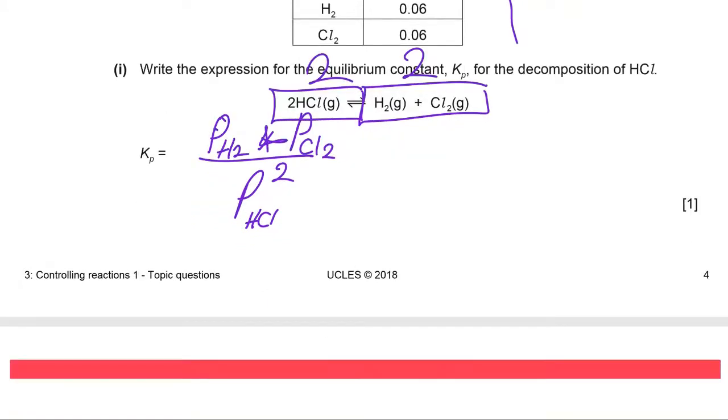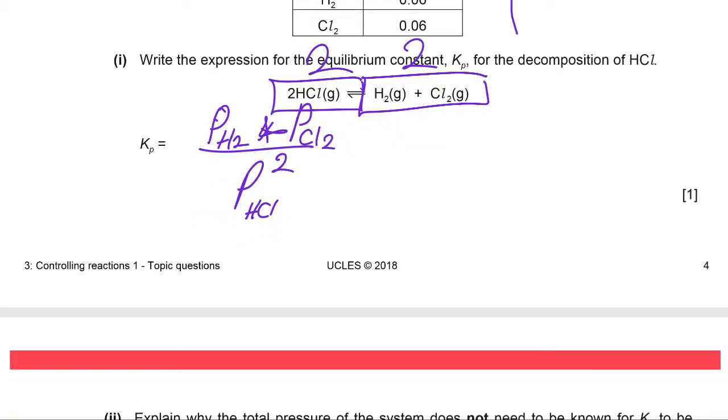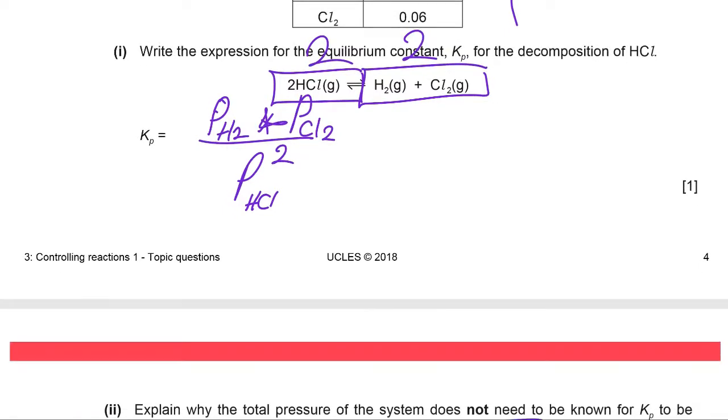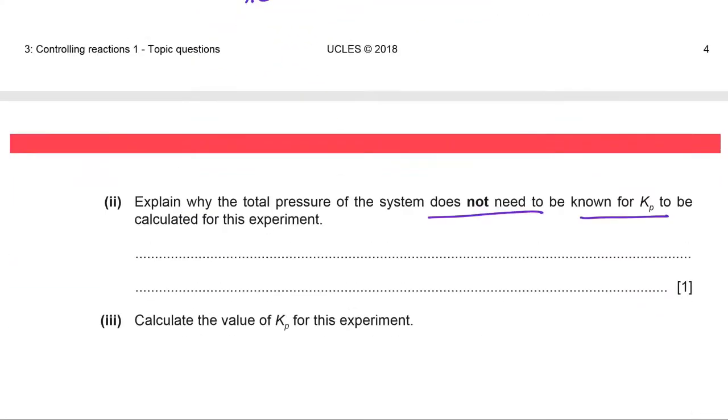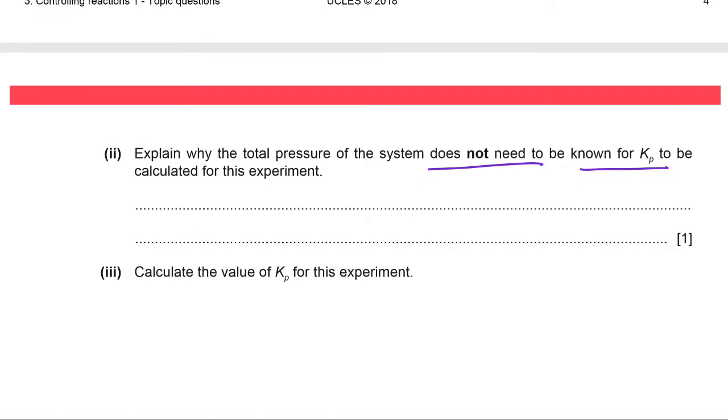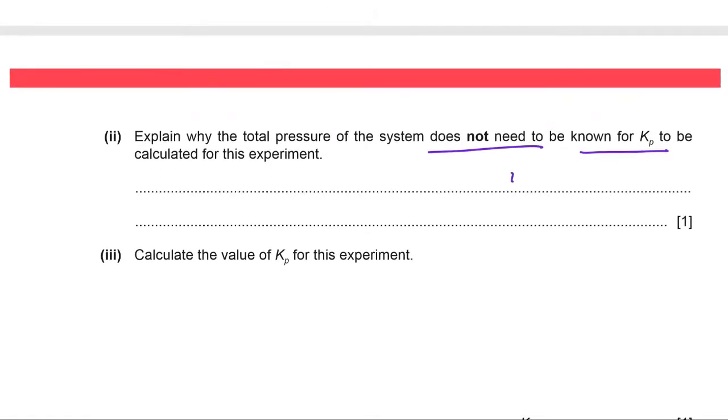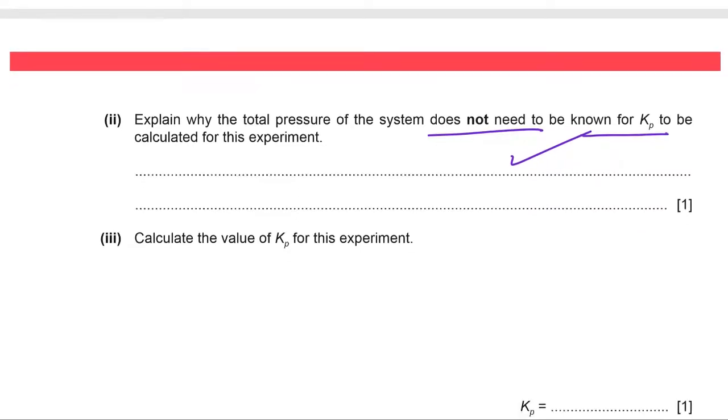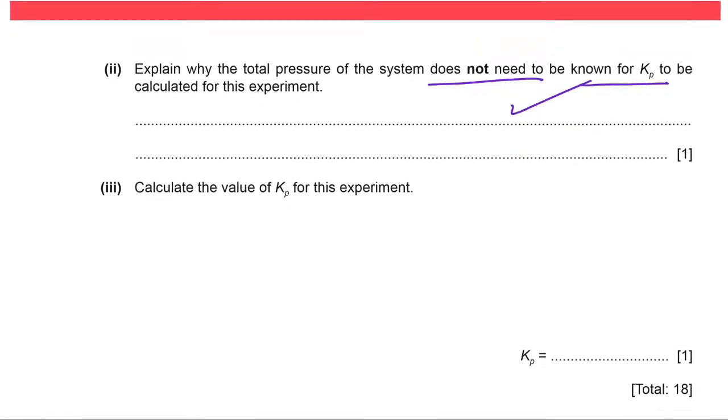So here you will deal with these mole fractions directly to calculate the Kp. You need to say, because the number of moles of reactants and products are equal, there is no effect of the total pressure on the equilibrium of the reaction.